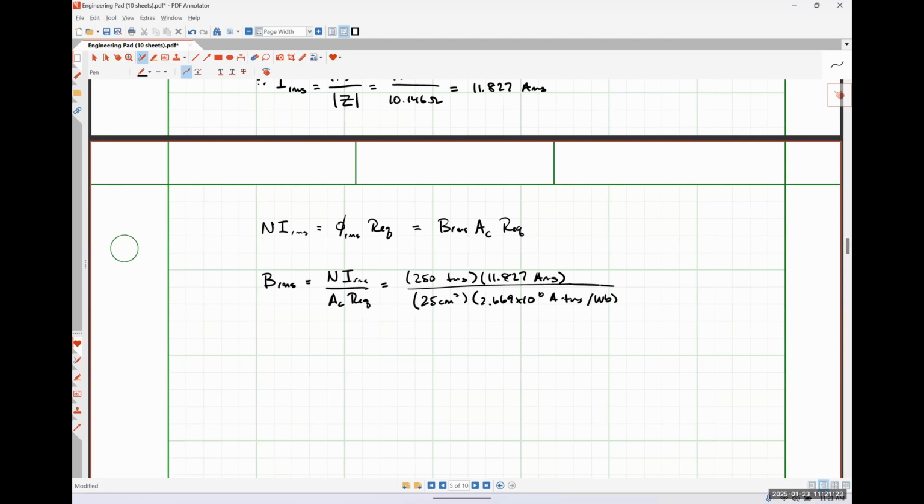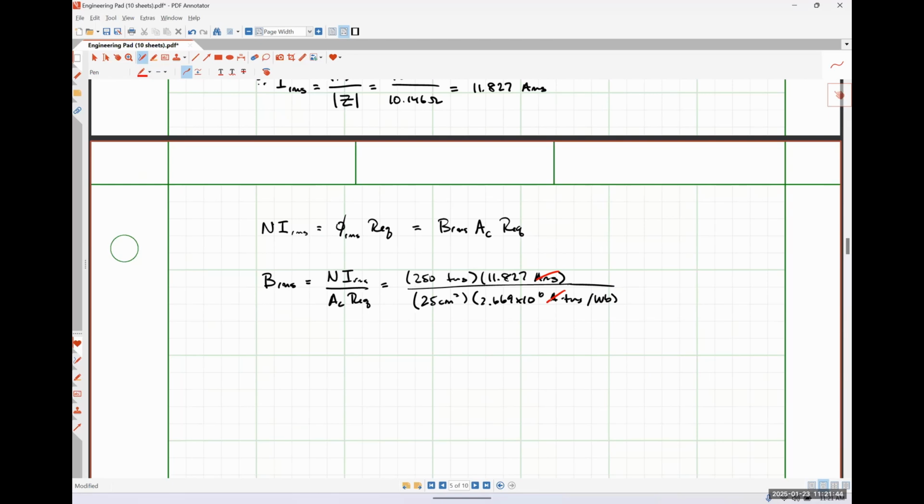And then if we look at our units here just really quickly, amps cancel amps here, that's fine. I've got one over amp turns per Weber, so I'm going to have Webers in the numerator, so that's fine. So I have Webers per centimeter squared, and a Tesla is a Weber per meter squared.